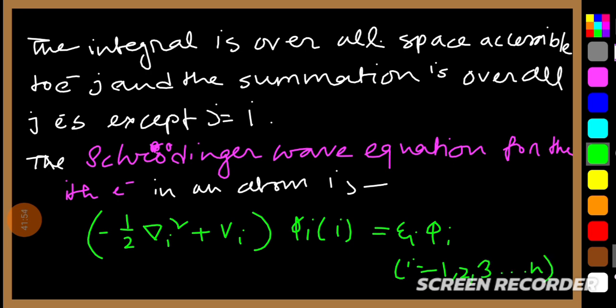So the Schrödinger wave equation for the ith electron in an atom, within brackets, is minus half del square plus V_i into phi_i of i equal to epsilon_i phi_i, where i equals 1, 2, 3 and so on up to n. So this is the third equation. Next.